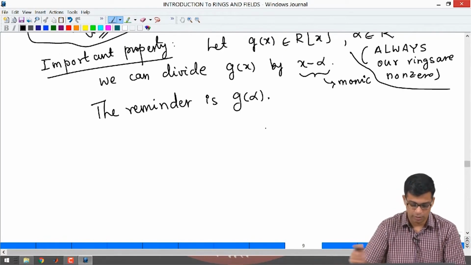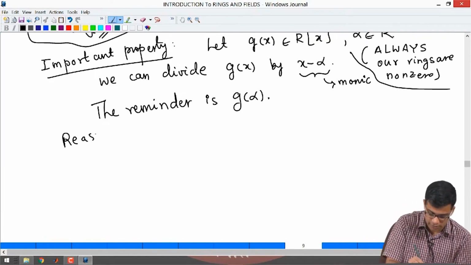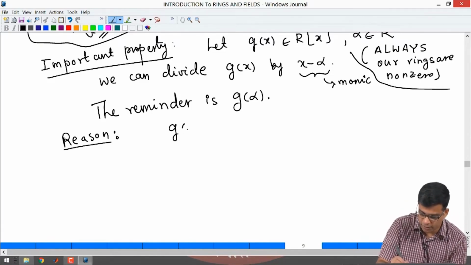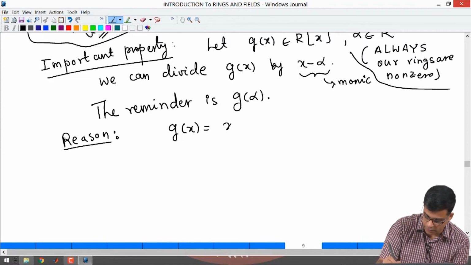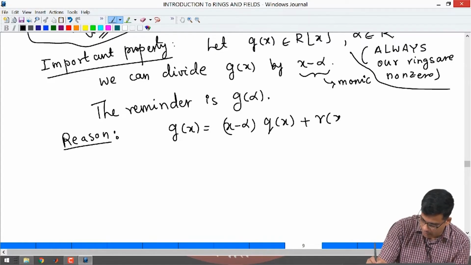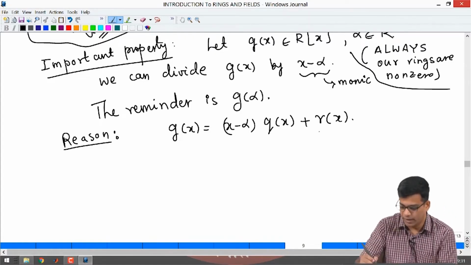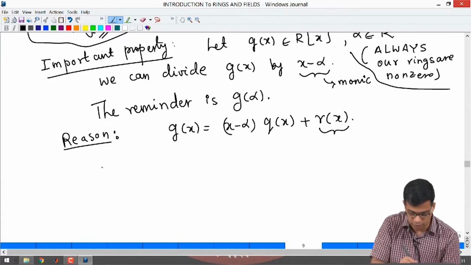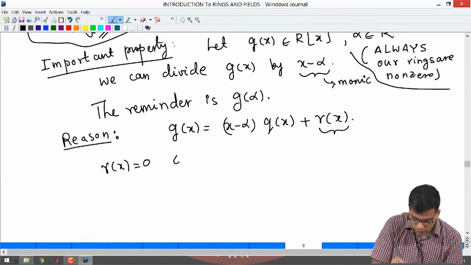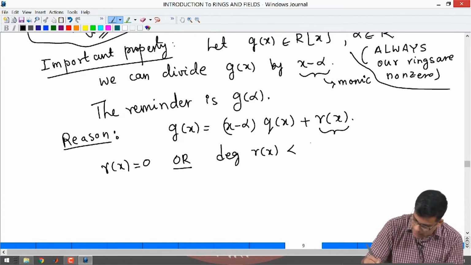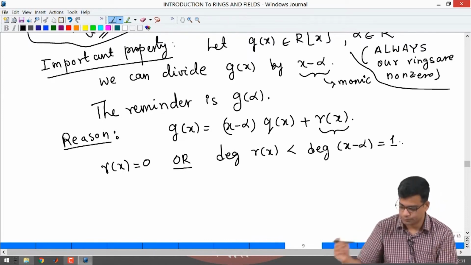Why is that? The reason for this is the following. Remember, when you divide g(x) by x minus alpha, you will have some q(x) here plus some remainder. We know the properties of the remainder: the remainder is either 0 or its degree is less than the degree of x minus alpha, which is 1.